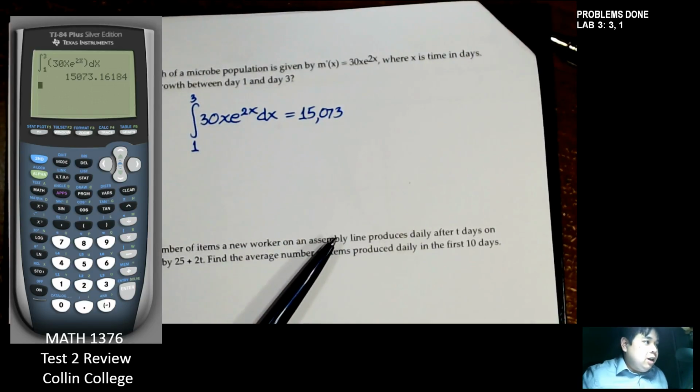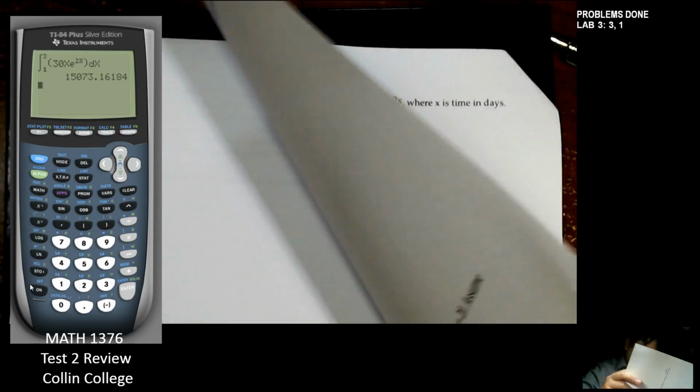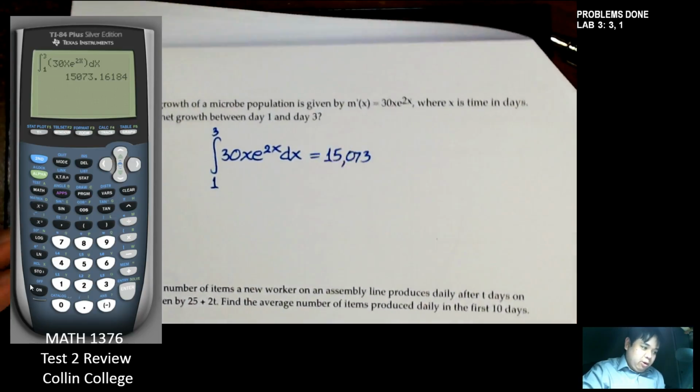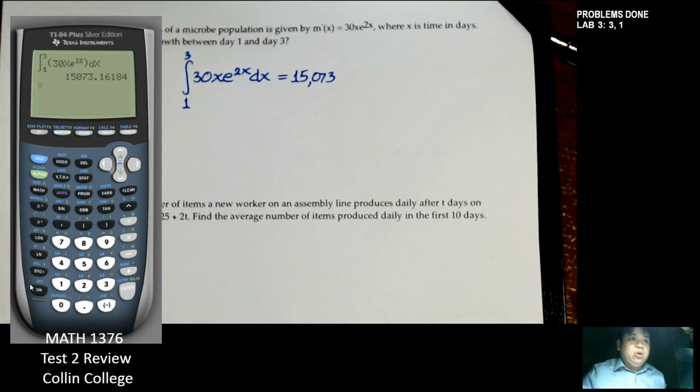Oh, I do have the answer for this, but let me find it. I'm not sure if I handed out the answer for lab 2, but I do have it.